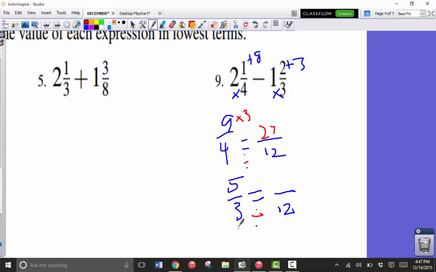The bottom fraction, 3 goes into 12 4 times. Multiplying with the numerator, 20. Remember that this is a subtraction problem. So subtract your numerators. 27 minus 20. 7 left over. Keeping the same denominator. You're done.